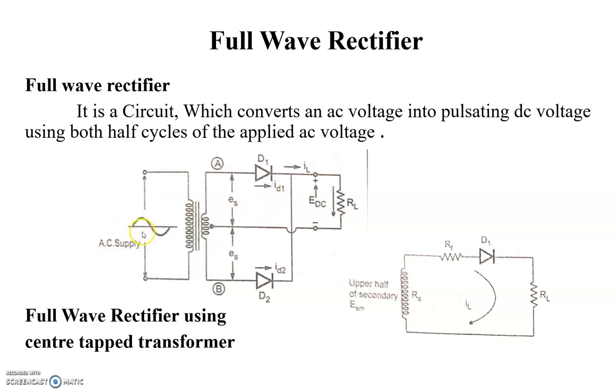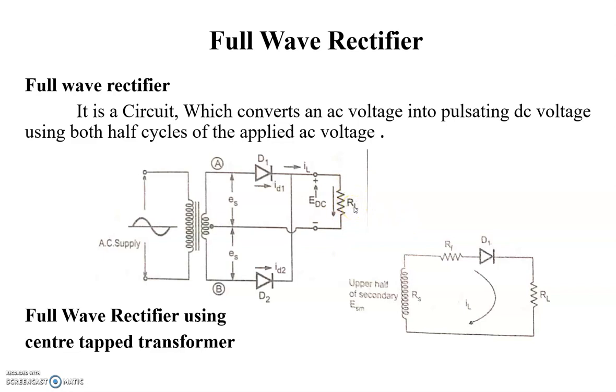Whenever we apply the sine wave as the input, then during the positive half cycle, diode D1 conducts and D2 is reverse biased. In that scenario, the current will flow like this. If we assume these diodes are ideal diodes, then this Vin voltage will appear across the load RL, or otherwise we can say that V0 is equal to Vin.